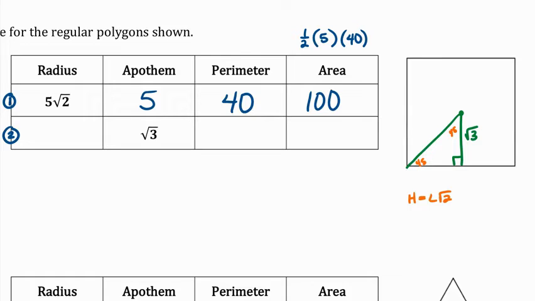Well, if I know this leg is radical 3, then what's the other leg down here? Also radical 3. And then that means that our hypotenuse would be radical 3 times radical 2, which is radical 6. So that means our radius is radical 6.